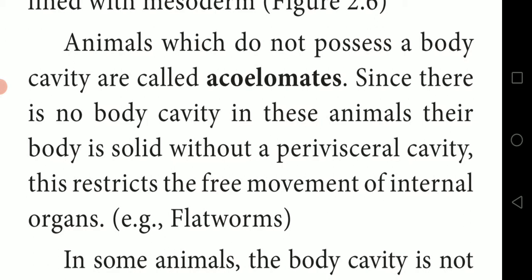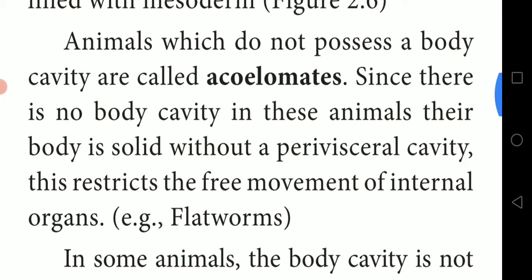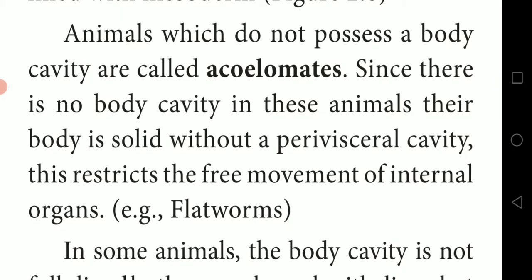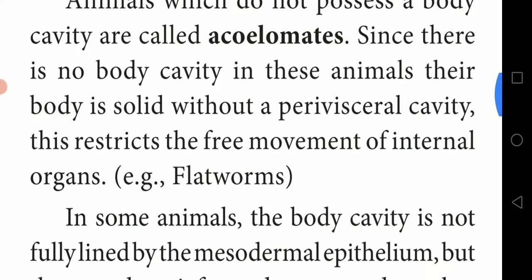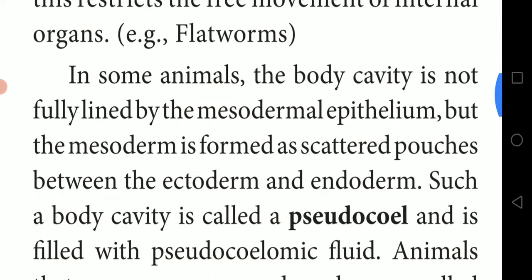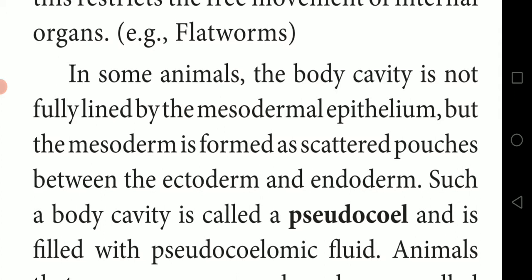The animals which do not possess a body cavity are called acoelomates. They don't have a cavity. A means absent, coelom means cavity. Since there is no body cavity in these animals, their body is solid, without a perivisceral cavity.